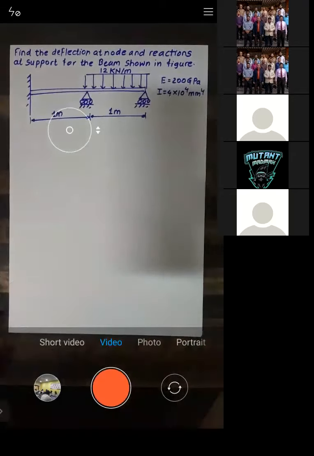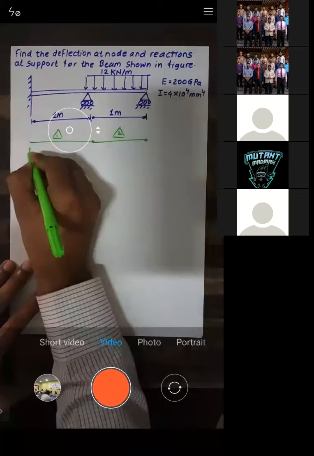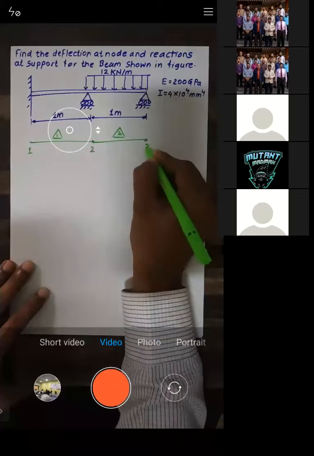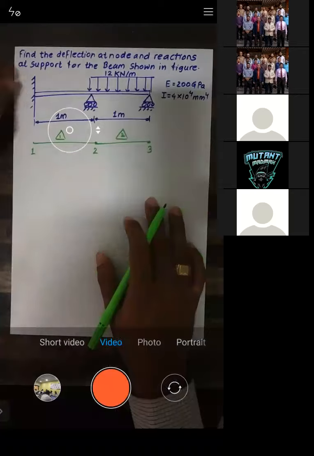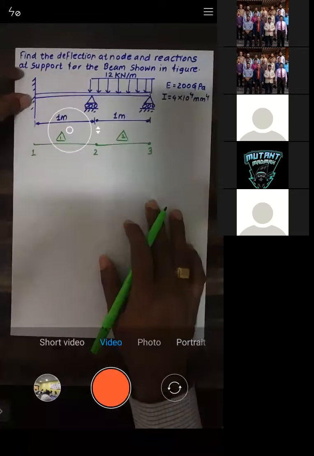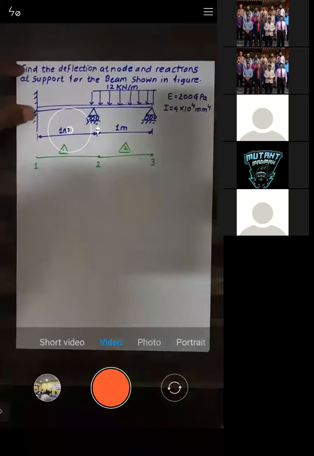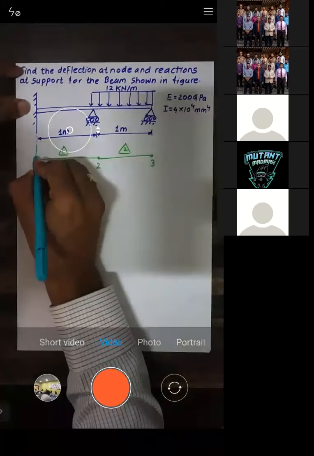How to proceed? What we'll do, we will simply form the elements. So how many elements do we get? We get 2 elements. This is element number 1, this is element number 2. So we'll get 3 nodes, node number 1, node number 2, node number 3. So 2 elements, 3 nodes. As you can see, every node can move in the vertical direction.